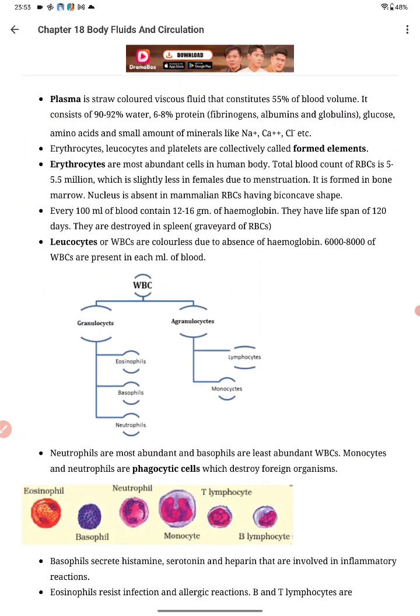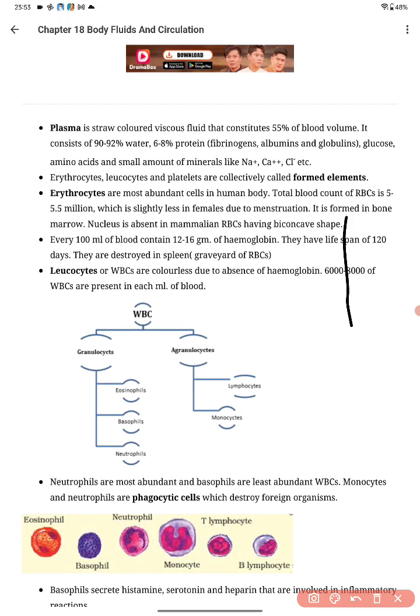But first, let's recap the numbers. Erythrocytes: you have 5 to 5.5 million RBCs in your blood. The number is different in males and in females.